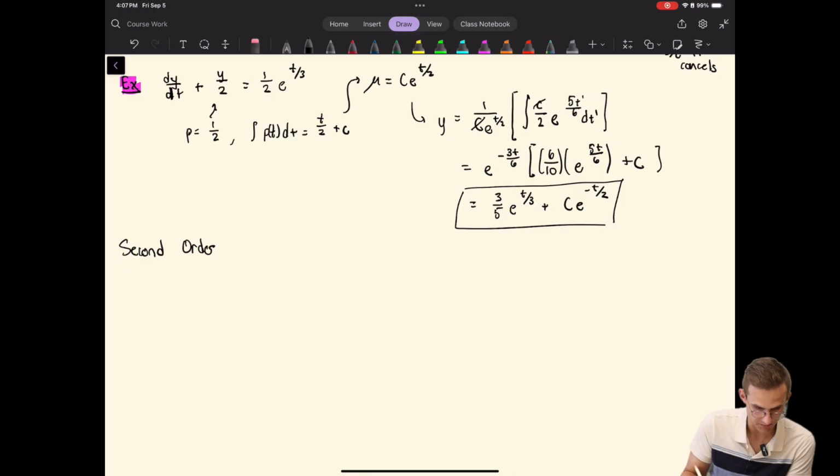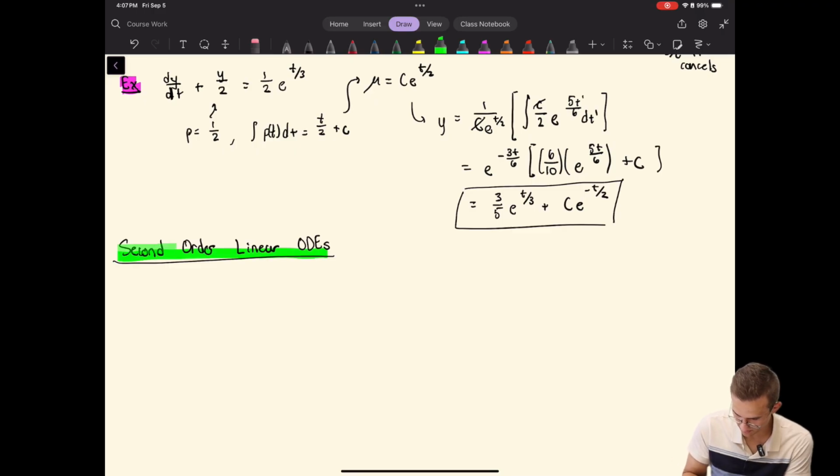So second order, and we'll look at linear ODEs first. So second order means that the highest derivative of the dependent variable that appears is second order.